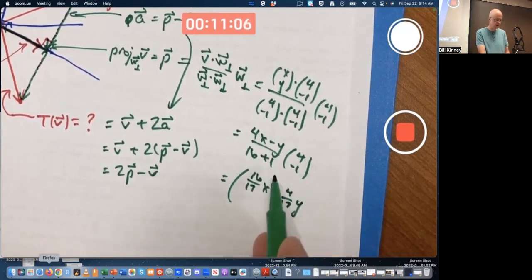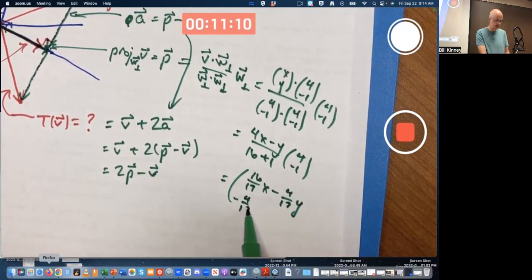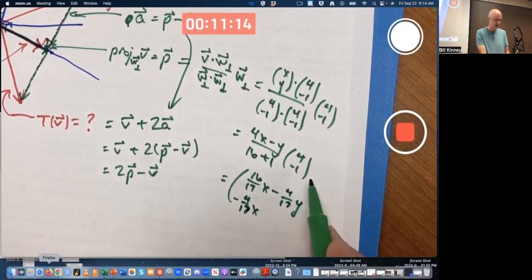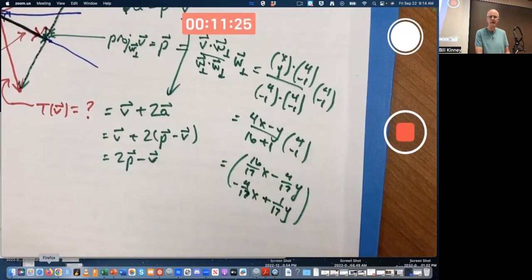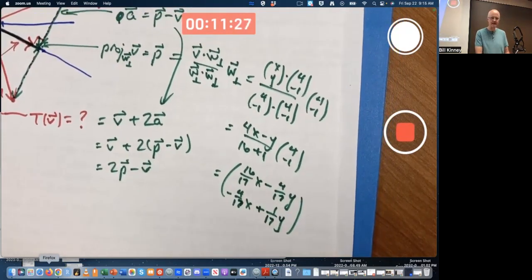On the second component, 4/17 times -1 is -4/17 x. And then negative y over 17 times -1 is positive 1/17 y. That's P.